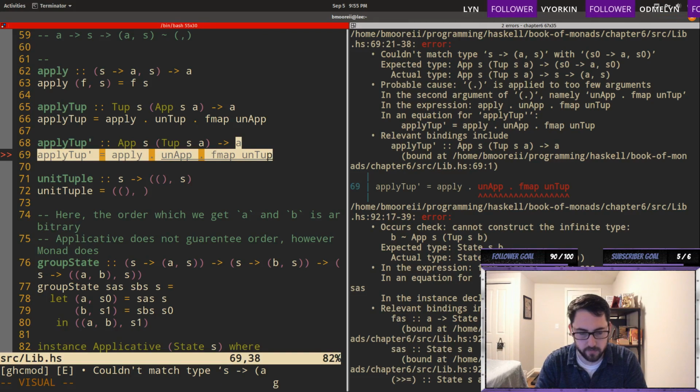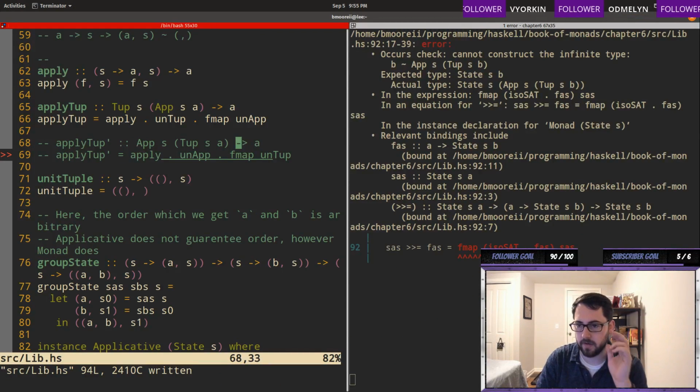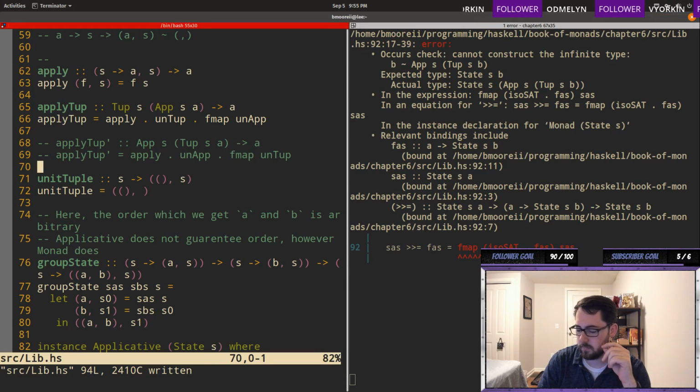I'm gonna comment this for now. I mean, that's not right, but how do I collapse the inside with this function?